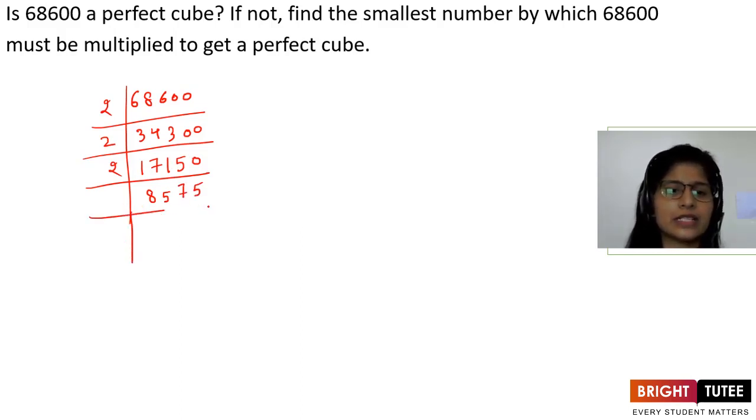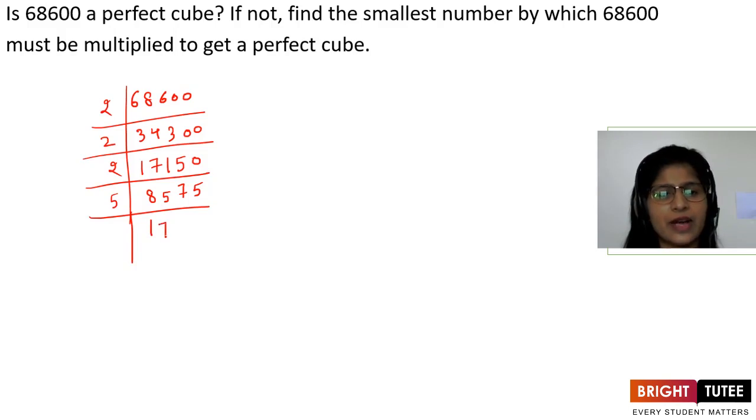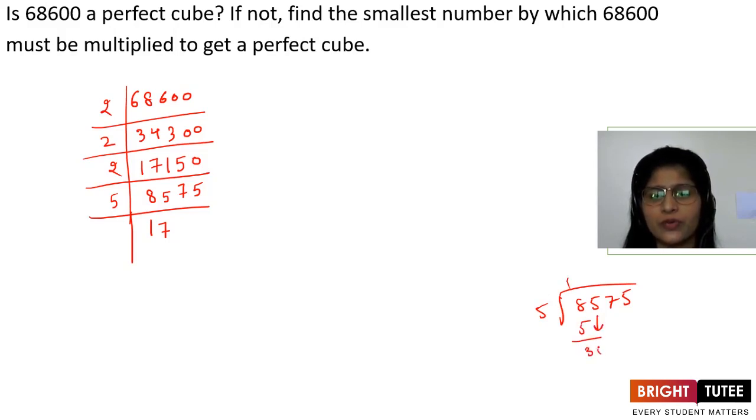Now let us divide with 5, as it is not divisible by 3. Listen carefully. With 5 we are dividing 8, 5, 7, 5. 5 ones are 5, now you will be left with 3. Copy down 5. 5 sevens are 35, remainder is 0.